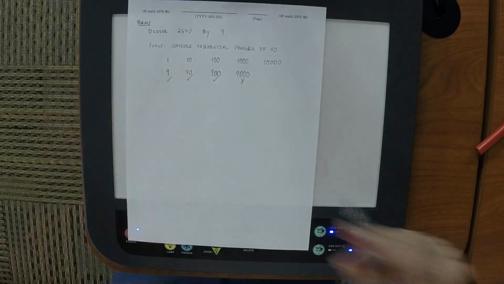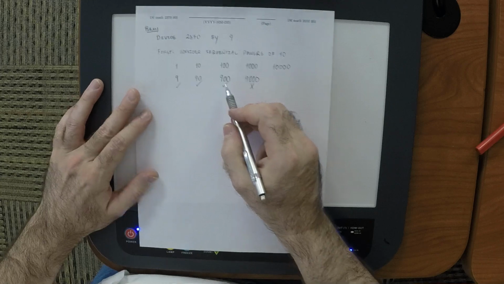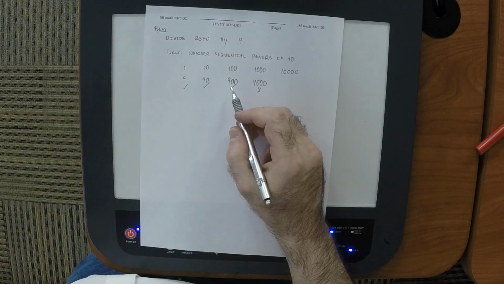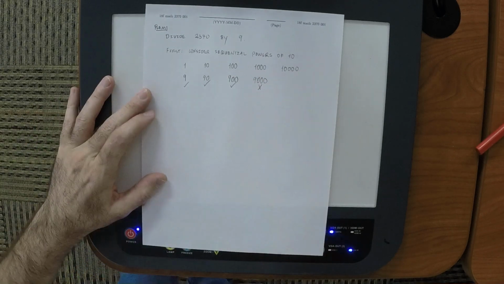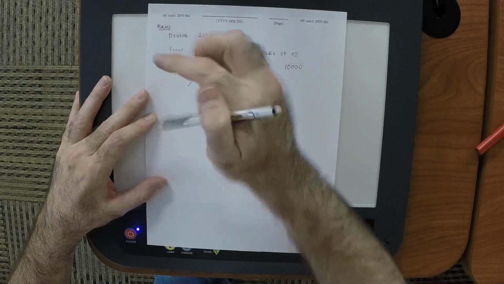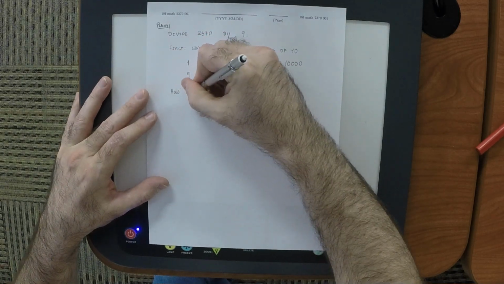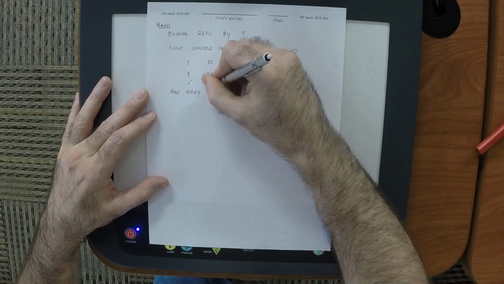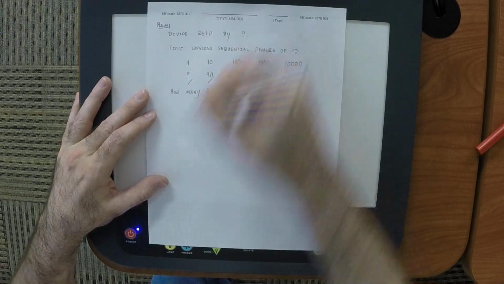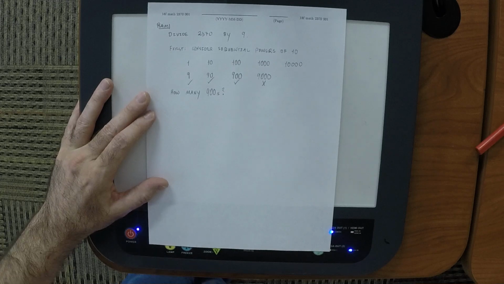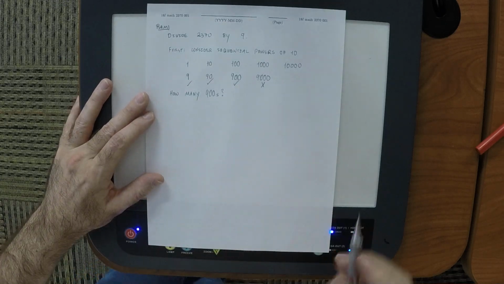So now that we've established that we're able to take away groups of size 900, now the question is how many 900s? So we've already established that we can take at least one.